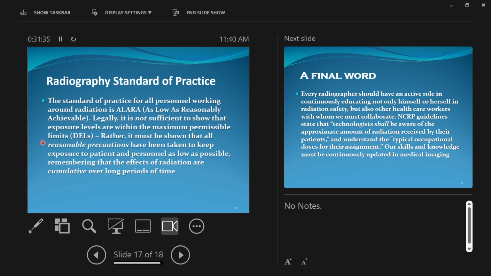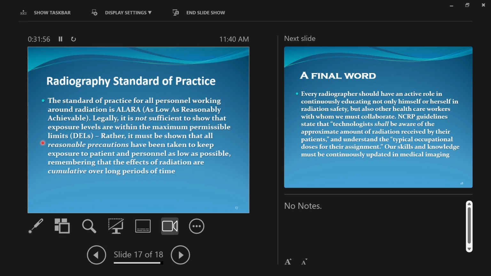It's your yearly maximum. It's not okay for X-ray techs to get anywhere near that. It's not okay for us to approach that and just skate below it, right? We have to show that we're doing everything we can to keep exposures to our patient, within the policy and procedures set up for your facility.